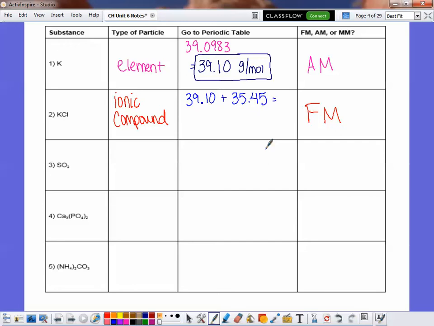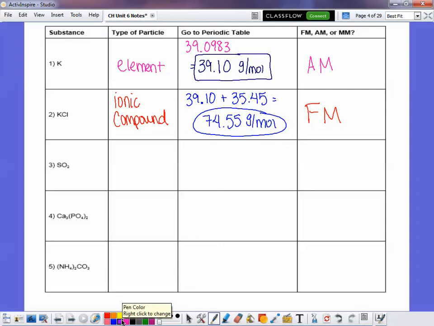Grams per mole. 74.55 grams per mole. Good. Easy peasy.